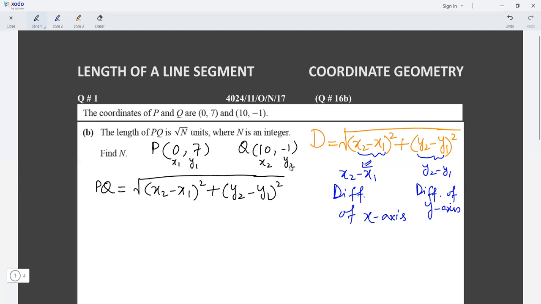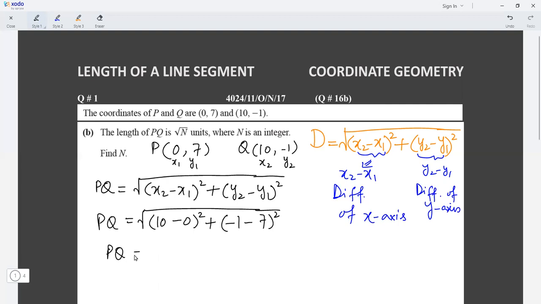What is x2? x2 is 10, so square root of (10 minus x1) where x1 is 0, whole squared, then plus y2, which is negative 1, minus 7, whole squared. So 10 minus 0 gives 10, so 10 squared, plus negative 1 minus 7, which gives negative 8.